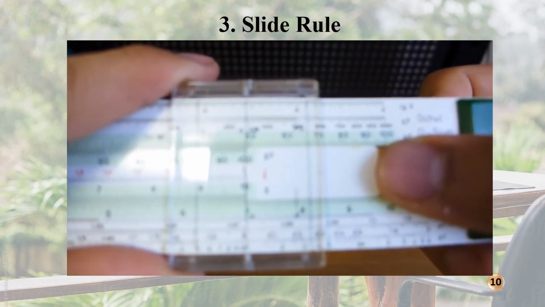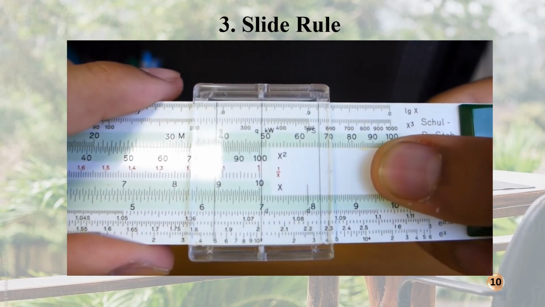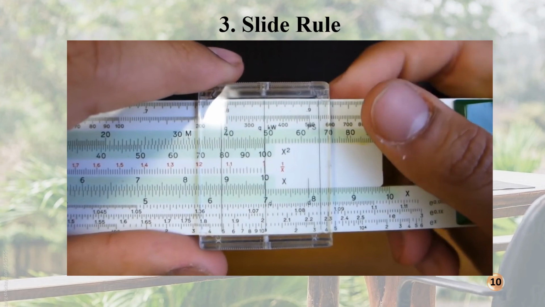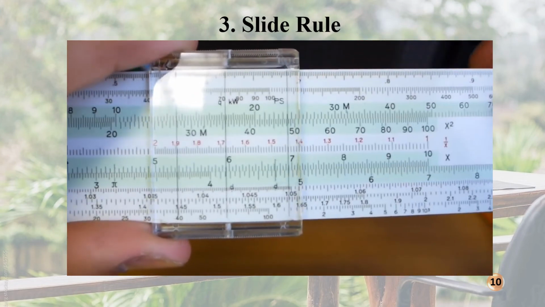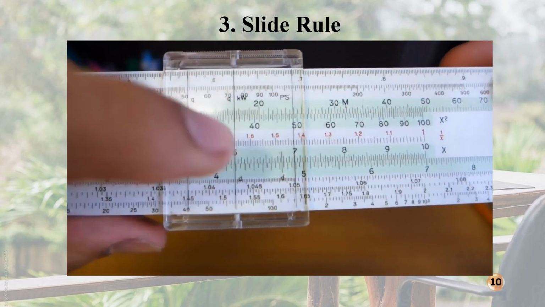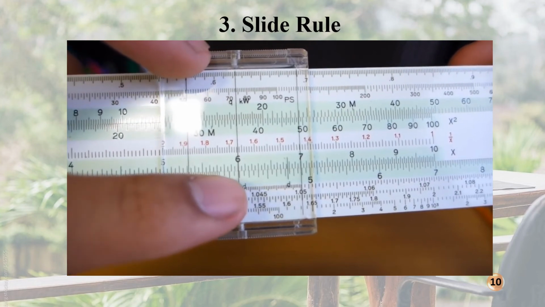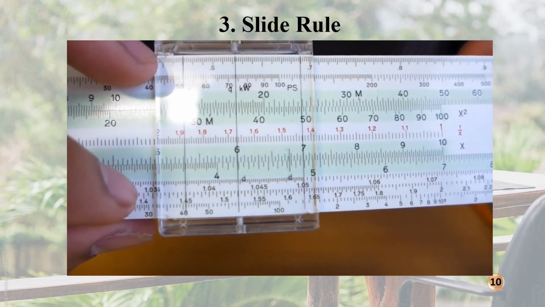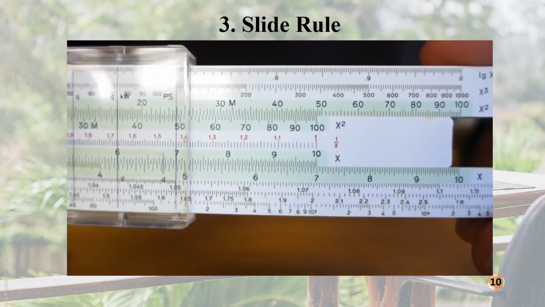So line it up. It's close enough. Okay, now we move the cursor to the 6 on the top scale and read the answer: 4 and then subdivision 1 and 2, 42 on the bottom scale.